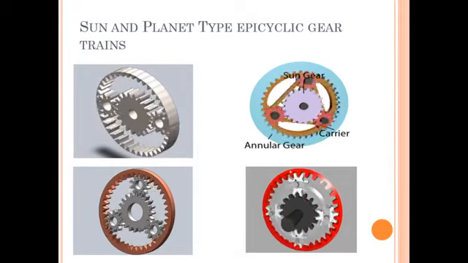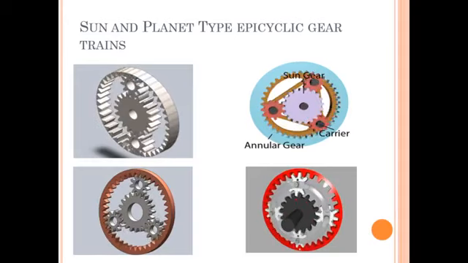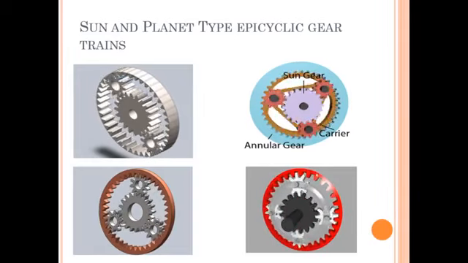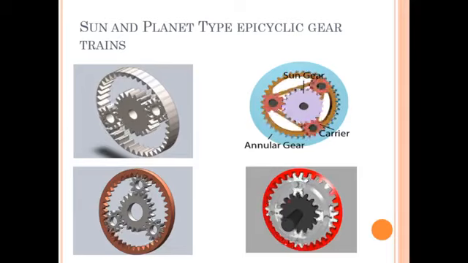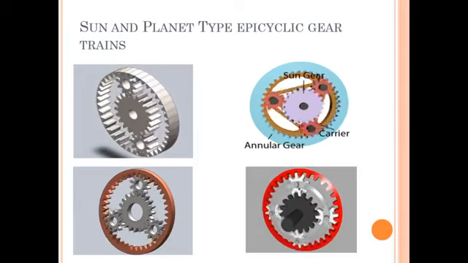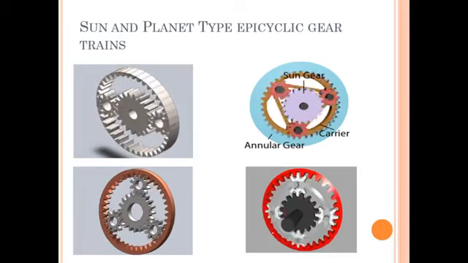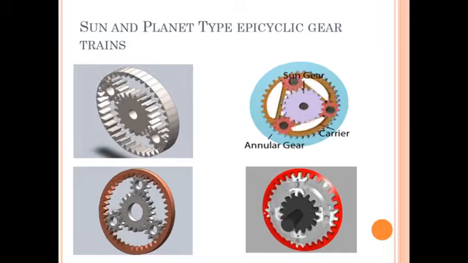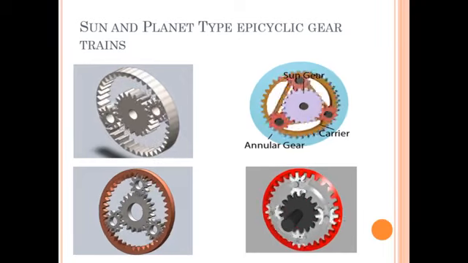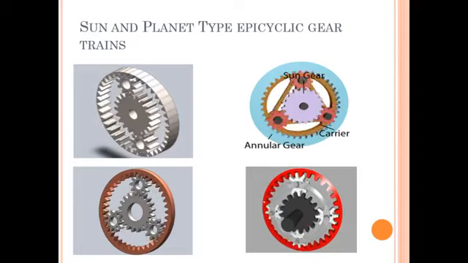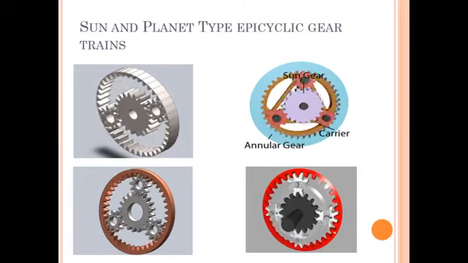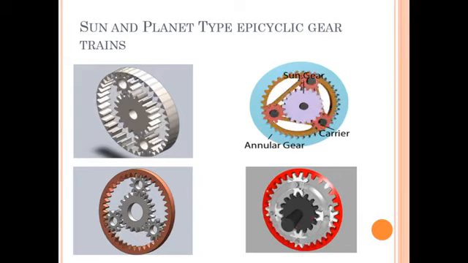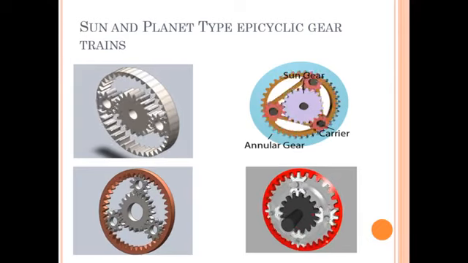Understand the geometry: sun gear, planet gears, annular gear. Planet gears and sun gear can be attached by a carrier. These are all the types of sun and planet type of epicyclic gear train. Why have I shown this? Because while solving some problems, you may observe this type of epicyclic gear train as well.